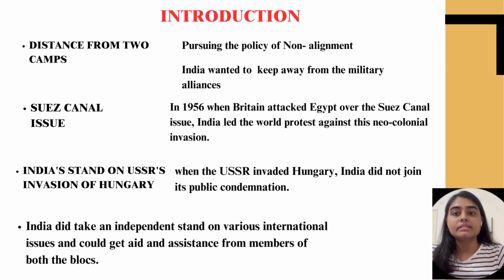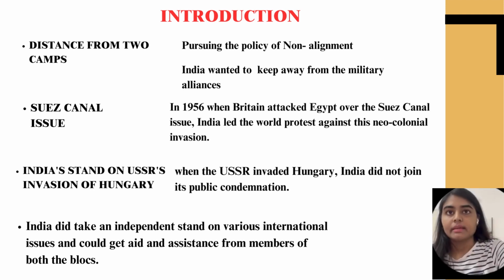So you understand this point: maintaining a perfect balance in the global arena is sometimes not practically possible. Because India did not take extreme standpoints on the side of any of the blocs, on various international issues it could get aid and assistance from members of both blocs.